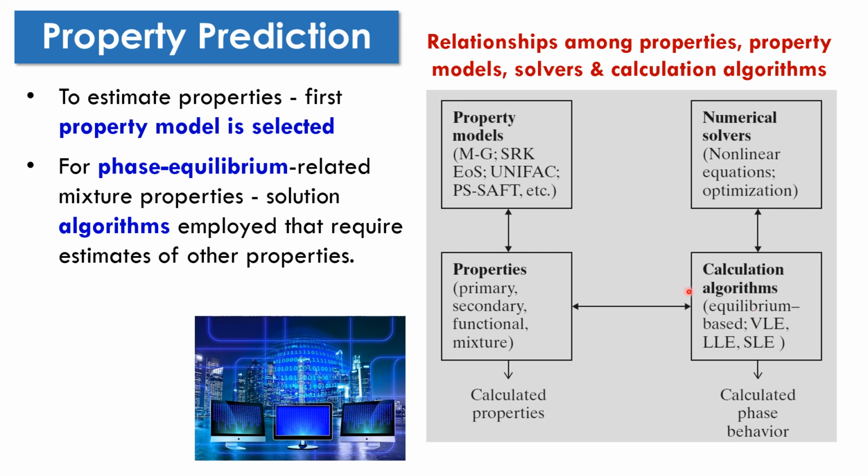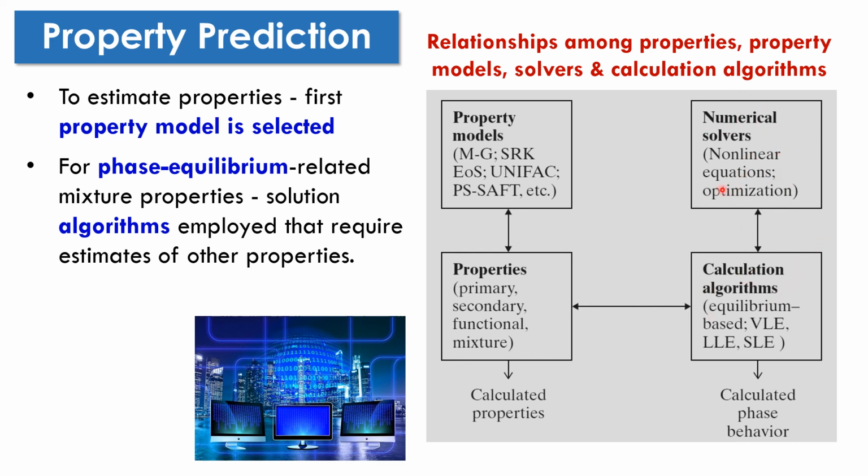Okay, so in order to solve this problem for phase equilibrium, we need to have a solution algorithm employed that requires estimates of other properties. So we need to have this algorithm or numerical solvers.